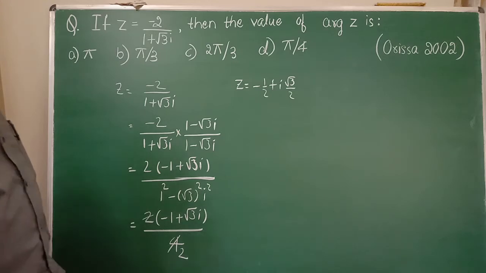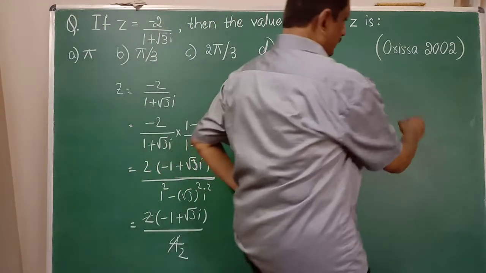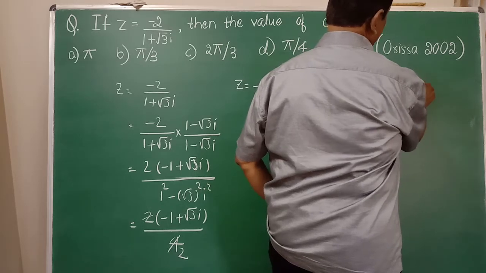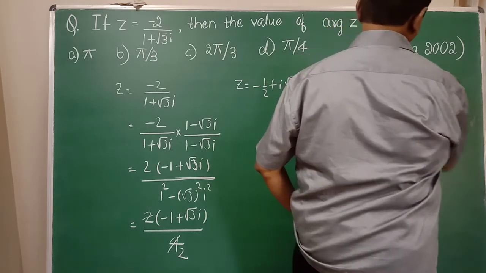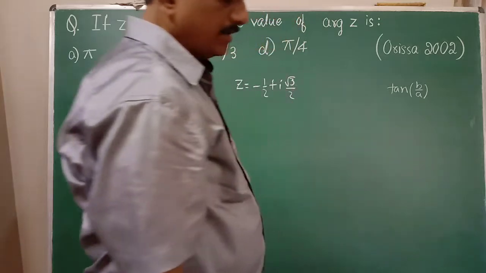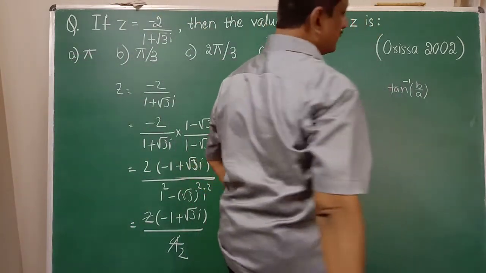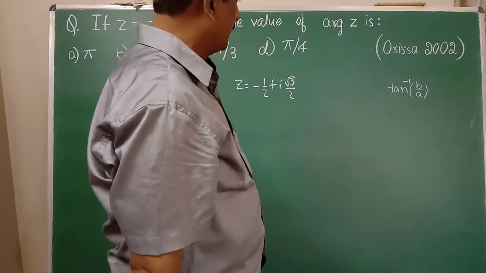You know that the angle is tan inverse of b divided by a. So the amplitude of the complex number is given by tan inverse b by a.